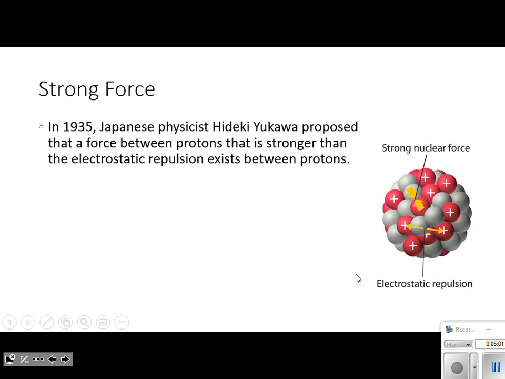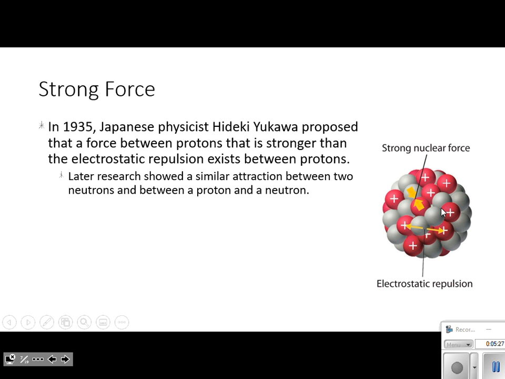Now, we know that opposites attract, likes repel, correct? So how then, when I look at this picture, how are all these pluses so close together? Shouldn't they be repelling each other? Absolutely. Well, Yukawa proposed that there is a force that is greater than that repulsion force.